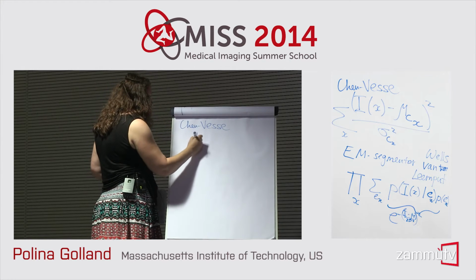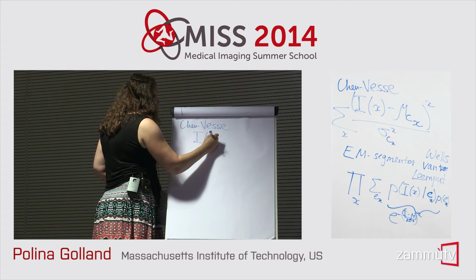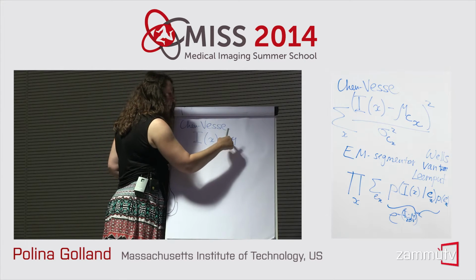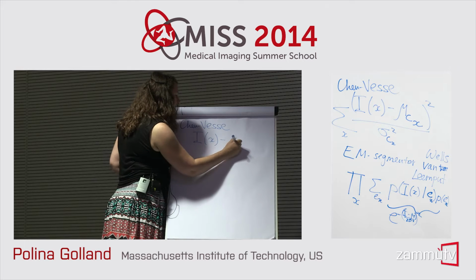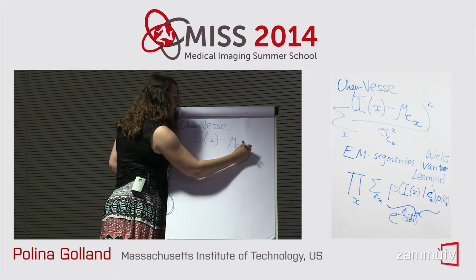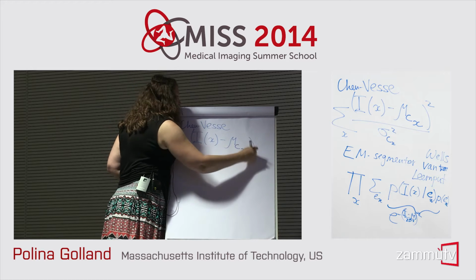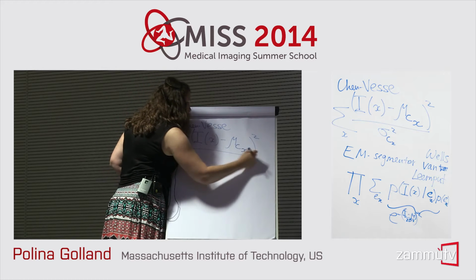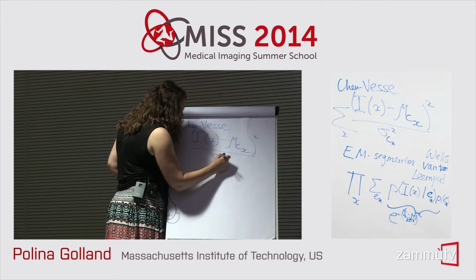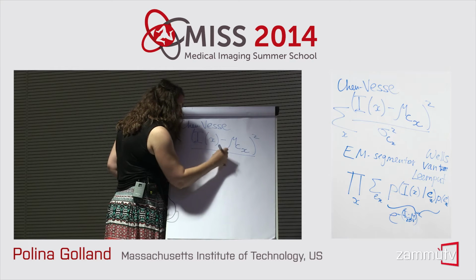What it does is it takes the image, evaluates it at point X, subtracts the estimated mean of the intensity from the class, meaning object or background, of the location X, takes square of it, divides by the standard deviation or variance, right, of the same class.